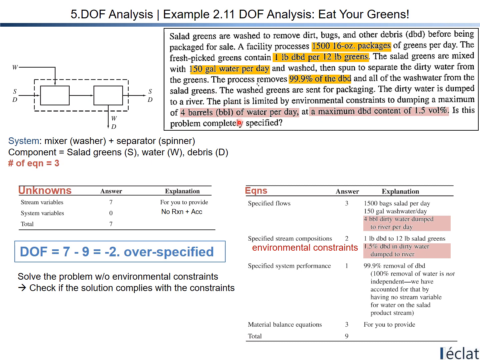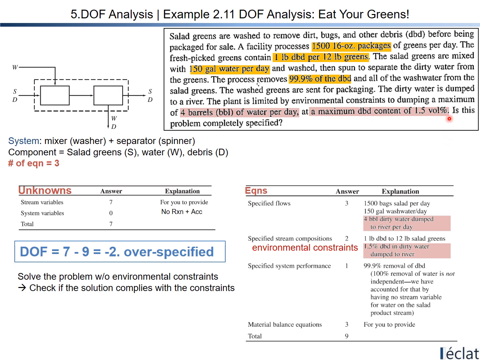So this is another basis or specified flow rate. So we have three basis candidates. Too many bases. Also, the other one is the concentration specification for the product.